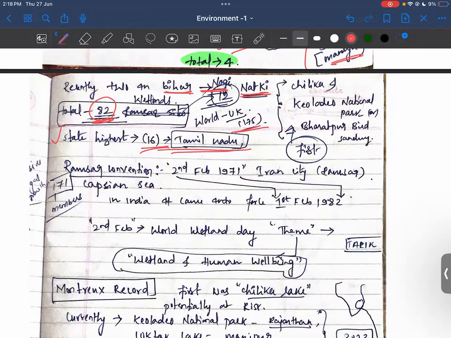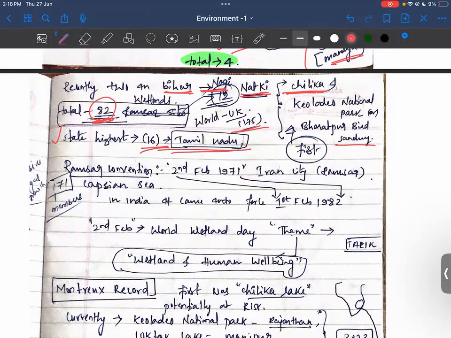So let's talk about which was the first Ramsar site being added. So that was Chilika Lake and Keoladeo National Park, or the Bharatpur Bird Sanctuary. These were the first two Ramsar sites being added into the list.